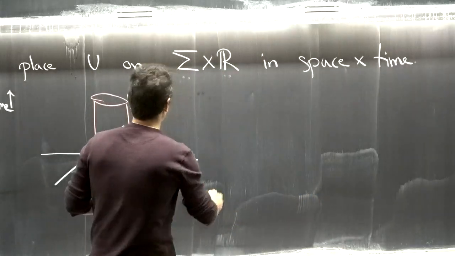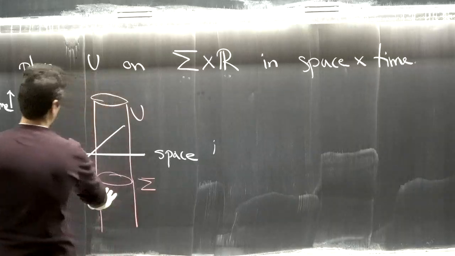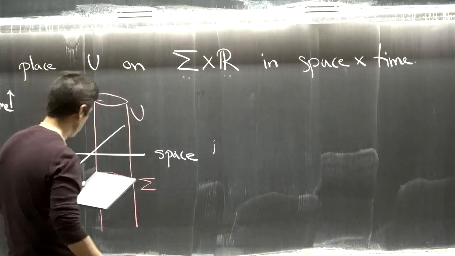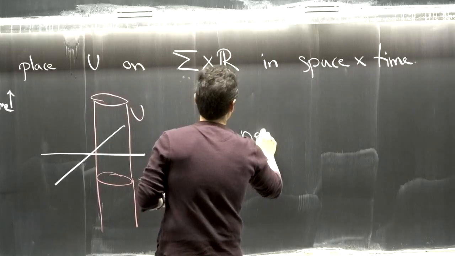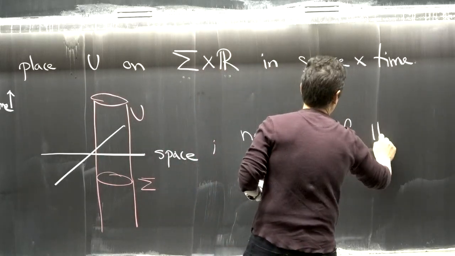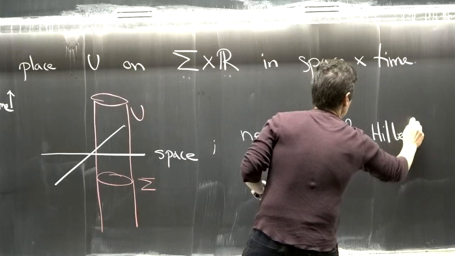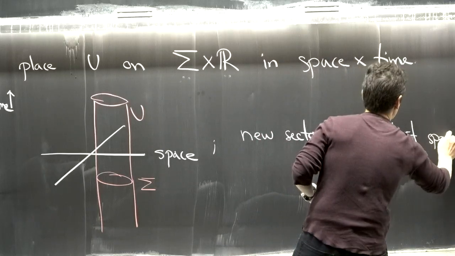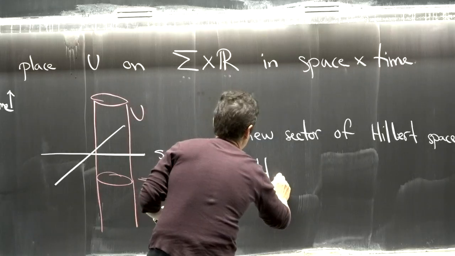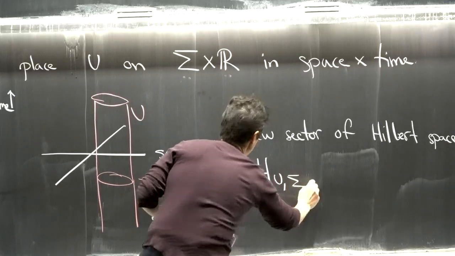When we quantize a theory with this U inserted, it modifies space, and so it defines for us a new sector of Hilbert space. I'll call this sector H_U sigma.